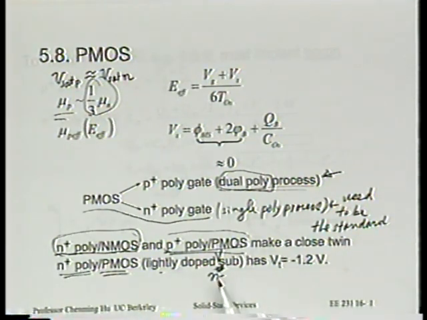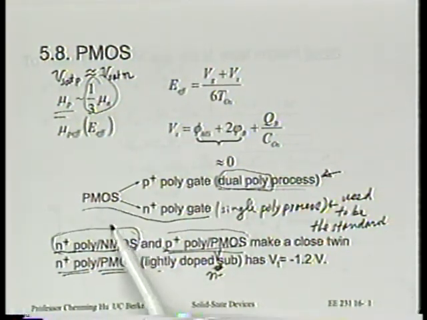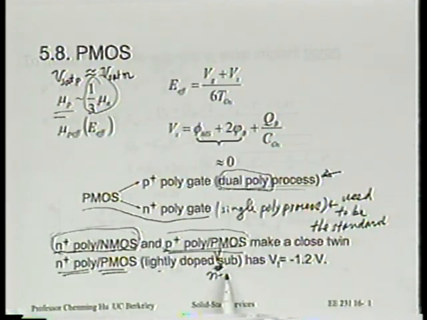Now, if you do the same thing that you would do following the duality with n plus poly NMOS, you would then increase the substrate doping. If you do that, then the threshold voltage becomes minus 1.5 volt or something like that, minus 1.6 volt.